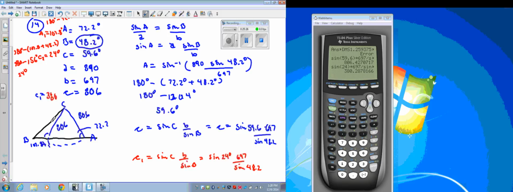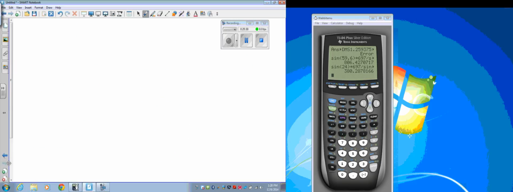All right, so we can try another one. These things take a long time to do when we have two different angles. We'll see if we can figure one out. So one that has two angles again is 23.